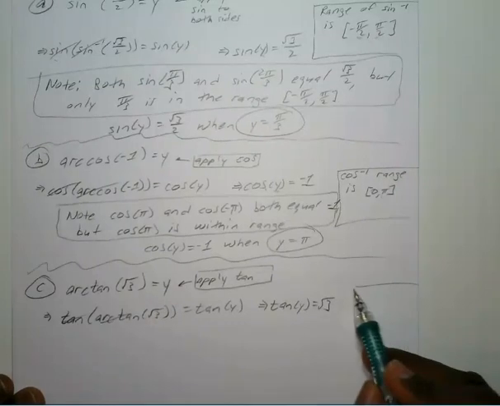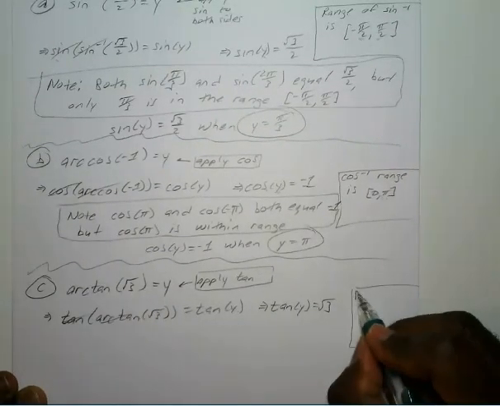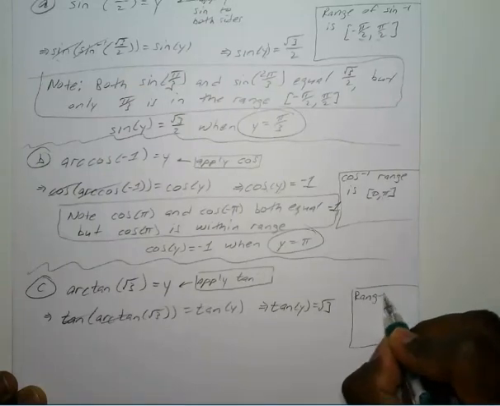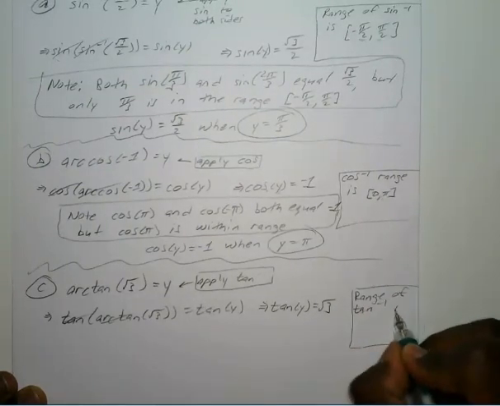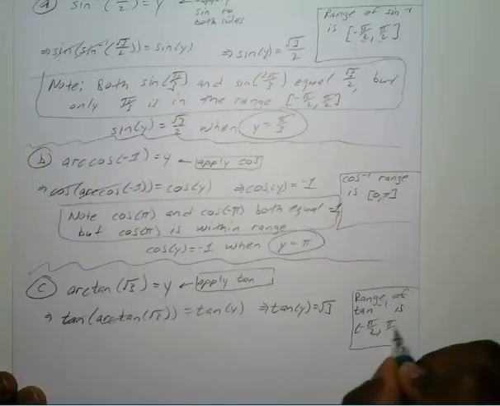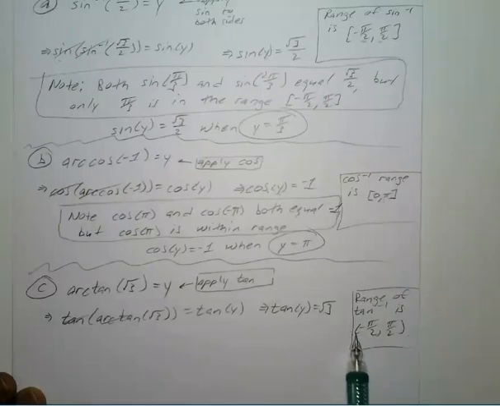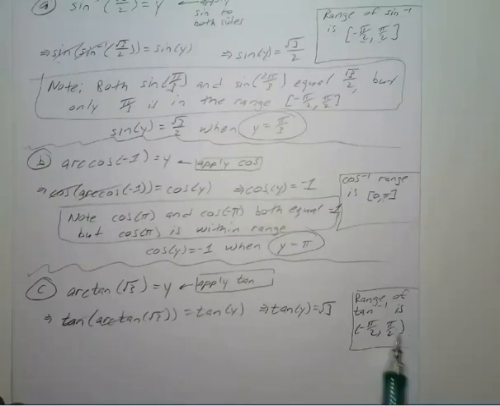Now, what do we have to remember? Well, we have to remember the range of our tangent inverse. That's negative pi over 2 to pi over 2, but it's an open interval, which means you can't include negative pi over 2 or pi over 2. Remember, your tangent graph has vertical asymptotes at those points.